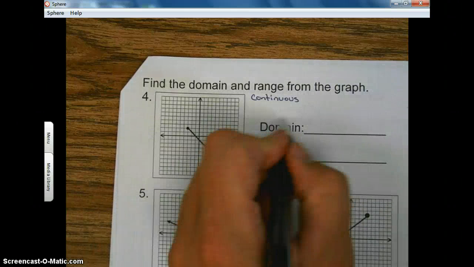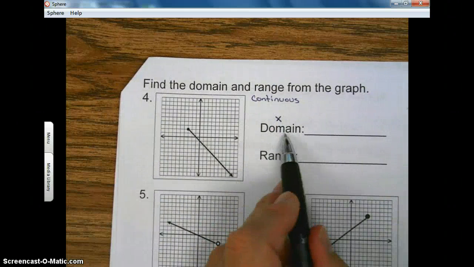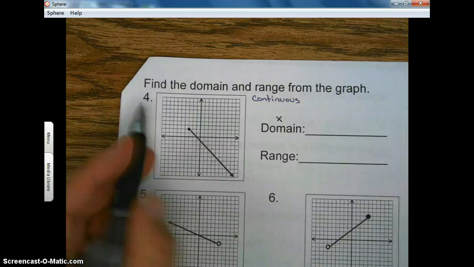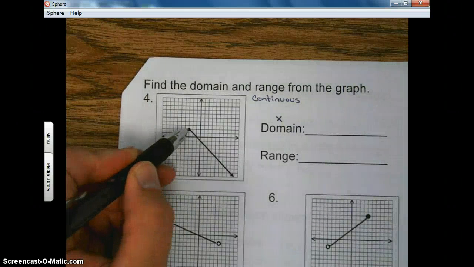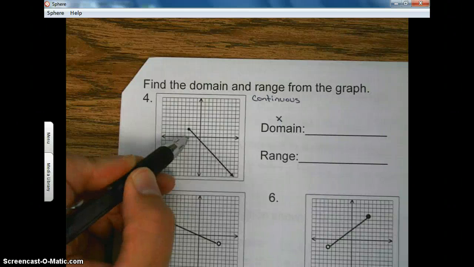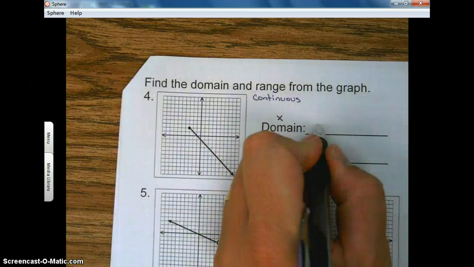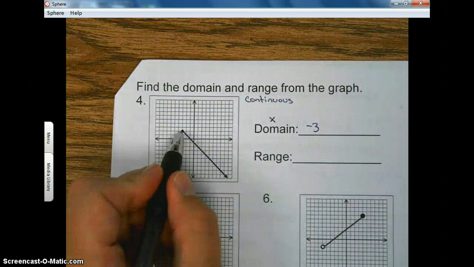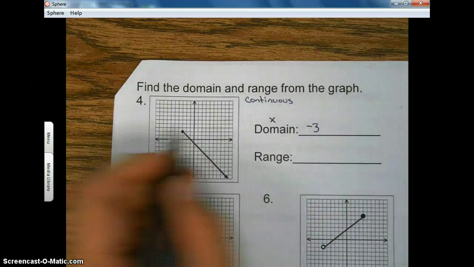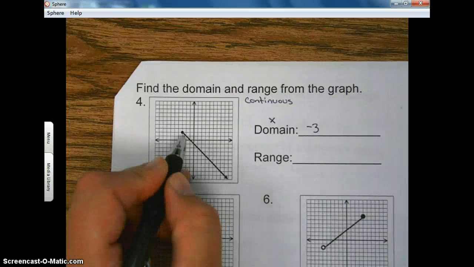Domain, remember, our x values? So for domain, we're going to go from the left to the right. The furthest left point has x-coordinate -3. So we're starting off at -3. It's a closed dot, so my x values are going to be bigger than -3 or equal to -3.